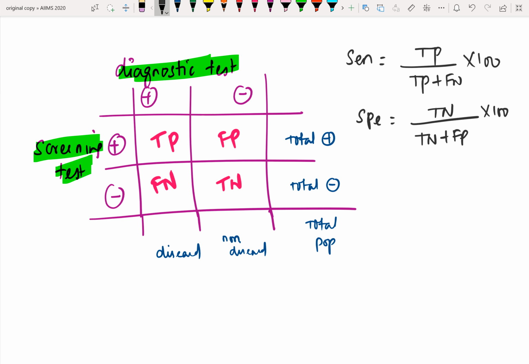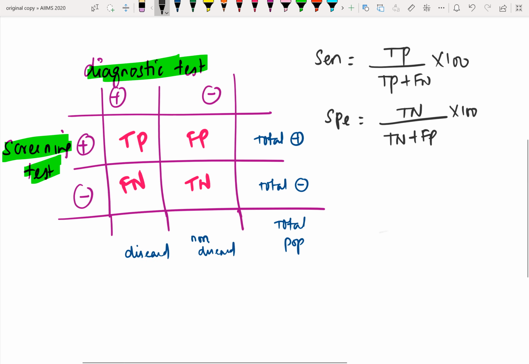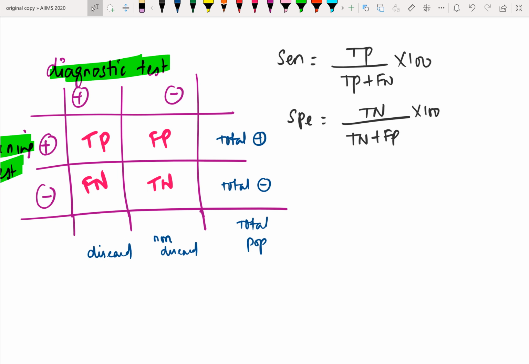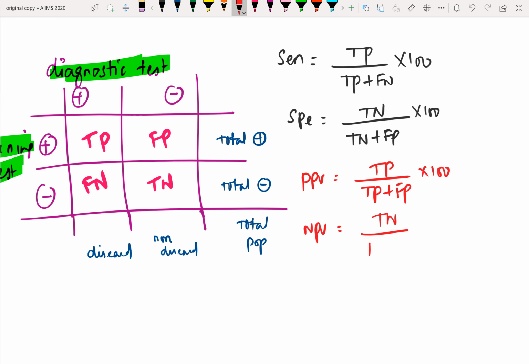Positive predictive value is true positives divided by all positives, true positives plus false positives, multiplied by 100. Negative predictive value is true negatives divided by true negatives plus false negatives, that is all negatives, multiplied by 100.